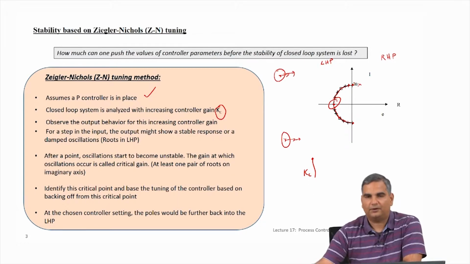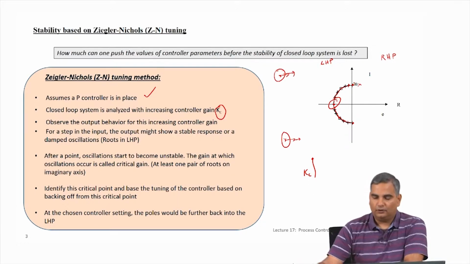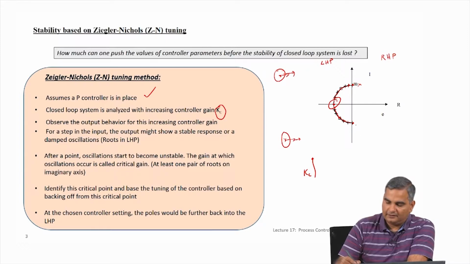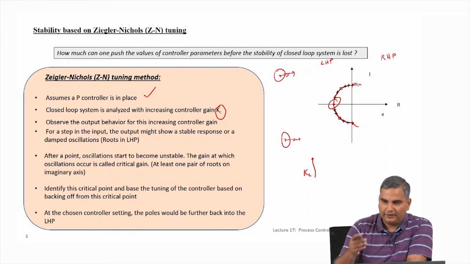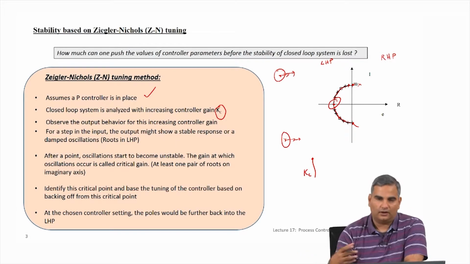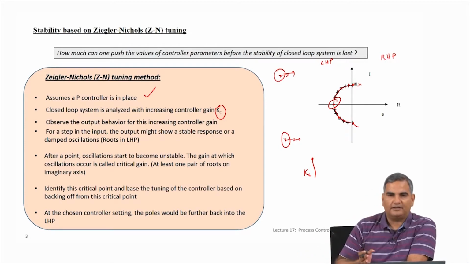So, this is the most important idea here. Okay. As you keep increasing Kc, this is what is called the ultimate gain, the Kc value at which the first set of roots or a single root touch the imaginary axis.